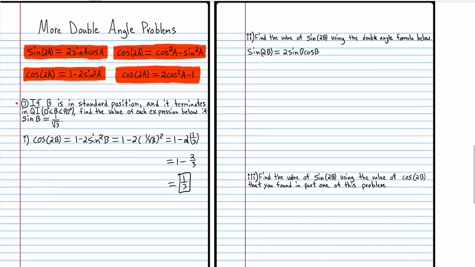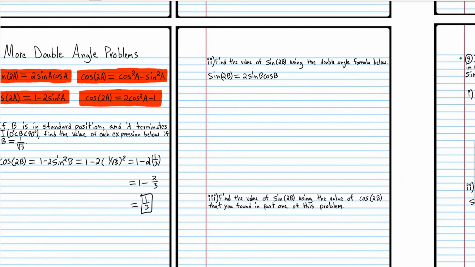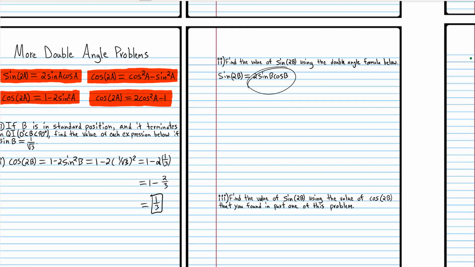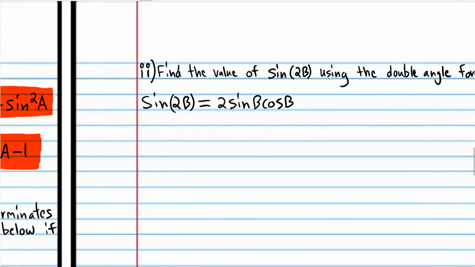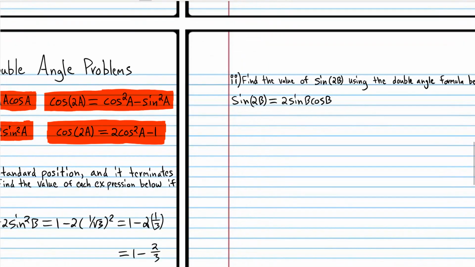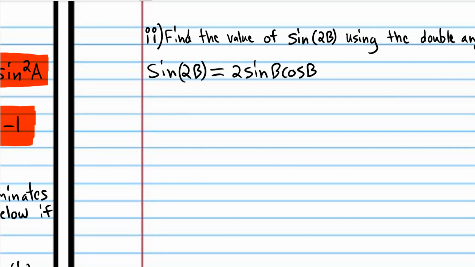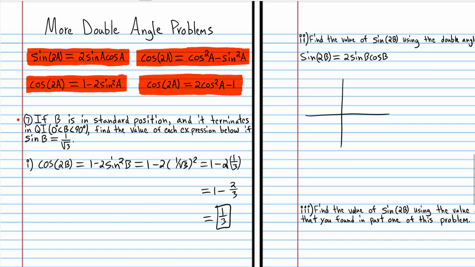So now we're going to find sine 2b, and we want to use this formula here. So we have to find cosine b before we do that. We have sine b, but we don't have cosine b.